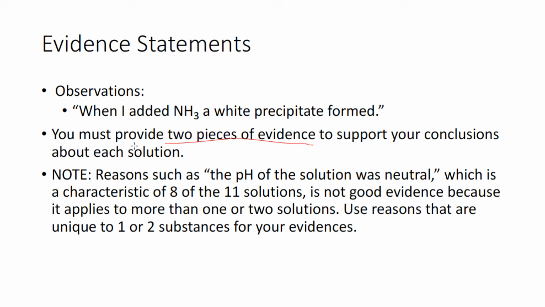And then in terms of the evidence that you're providing, I just want to point out the characteristics here. There's sort of 3 pieces that are happening in this statement. When I added NH3, a white precipitate formed. Okay, so the first thing is you say what you did. You added NH3.